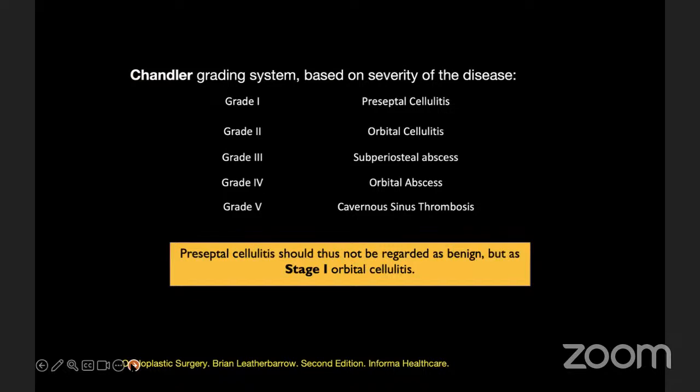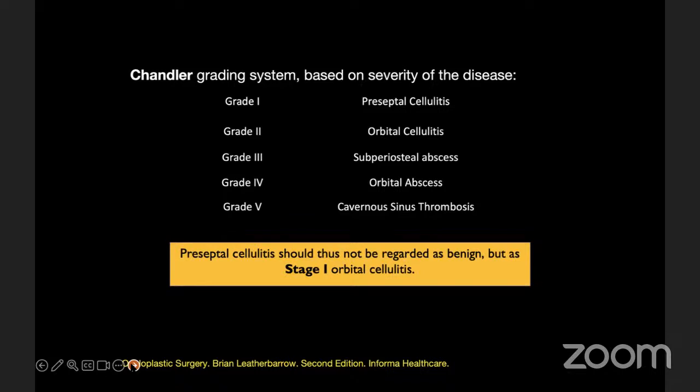Based on the severity, or the region of involvement, there is a Chandler grading system which grades orbital cellulitis as grade 1 for preseptal, grade 2 for orbital cellulitis, grade 3 when there's a subperiosteal abscess formation, grade 4 when there is an orbital abscess, which could be either intraconal or extraconal, and grade 5 when this abscess progresses into cavernous sinus thrombosis.